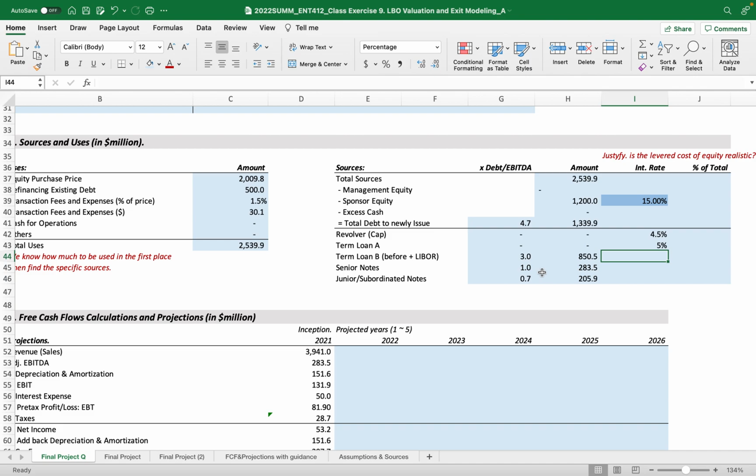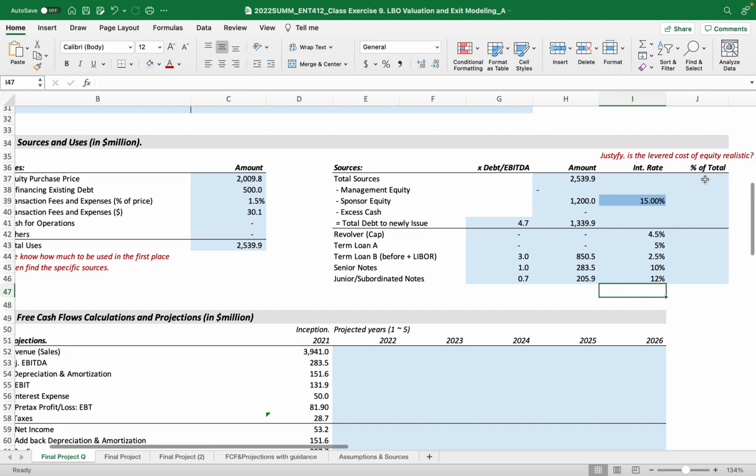So let's say 2.5 plus LIBOR. And then the senior notes is a very high percentage because it is inferior to term loan A, term loan B, or revolver. And then junior subordinated debt is also a very high percentage in the market that I researched, for example.